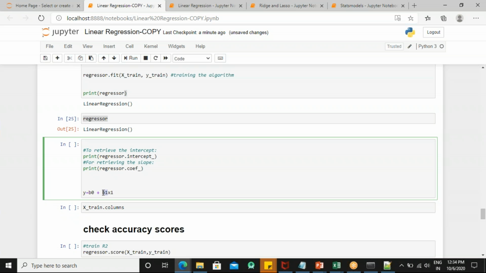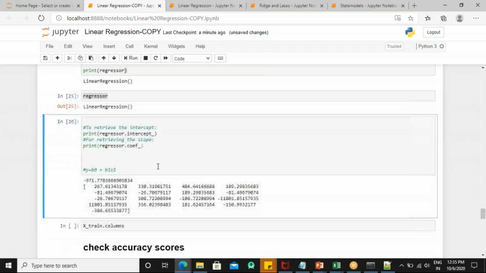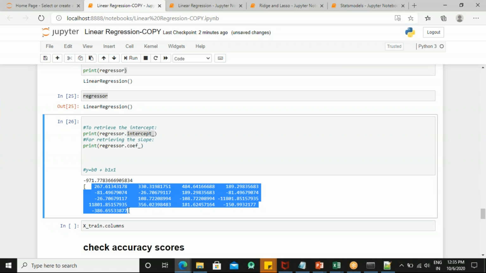What I need is beta 1 and beta naught, where beta naught is the intercept and beta 1 is the coefficient, right guys? So I will simply run this. It prints the intercept and then the coefficient for all the input features.